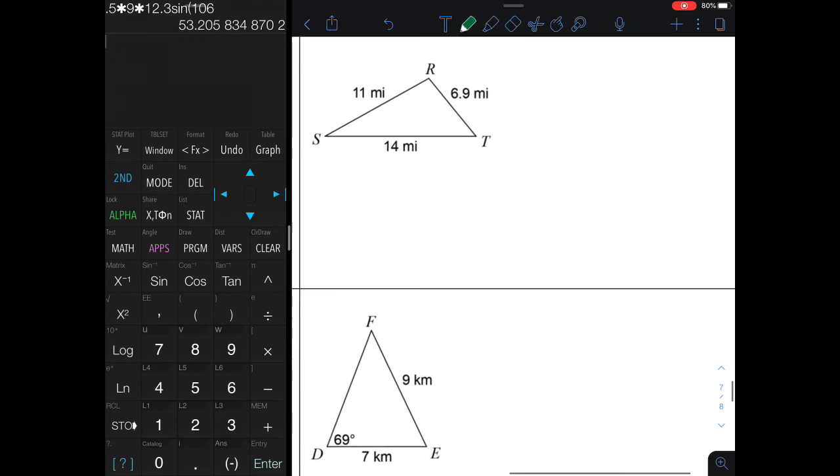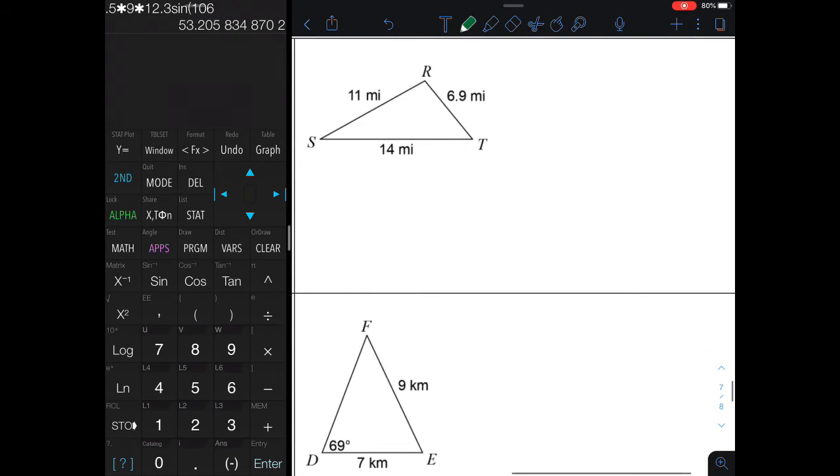Now, let's look at this triangle. Let's say I wanted to find the area here. We're going to use Heron's formula, which says that the area can be calculated by taking the square root of S times S minus A times S minus B times S minus C. Now, my triangle isn't labeled A, B, and C, but that's the formula. It's just the difference between the semi-perimeter and each side.